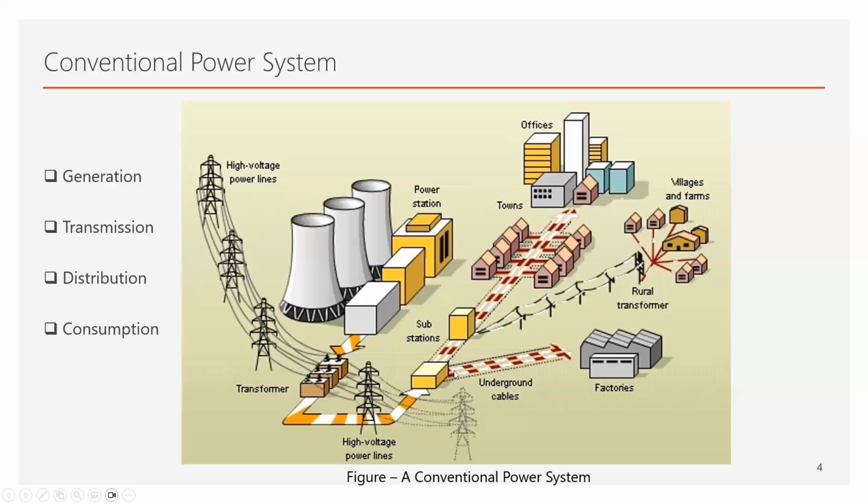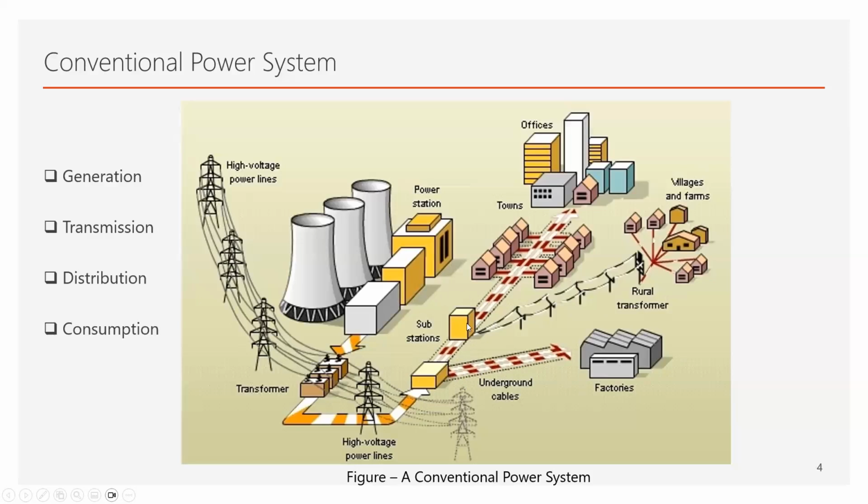So we have 2 layers or 3 layers of distribution systems. The distribution starts from substations. So this is one substation, this is another substation. Say, for example, this is a substation. It carries power from here and distributes to the factory.